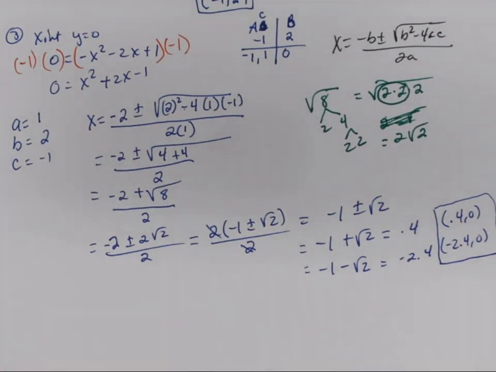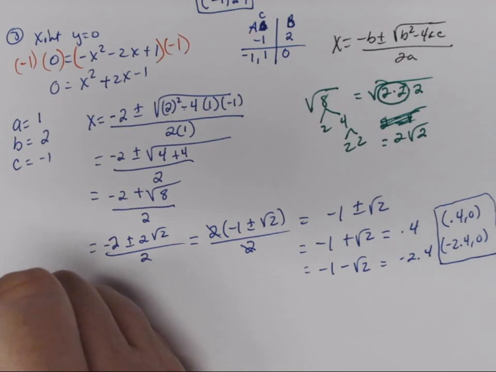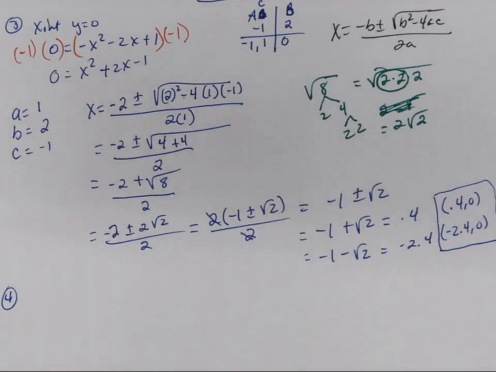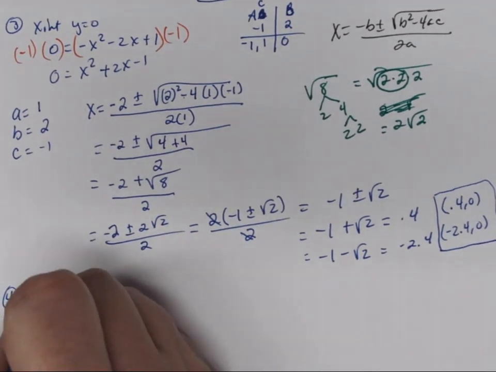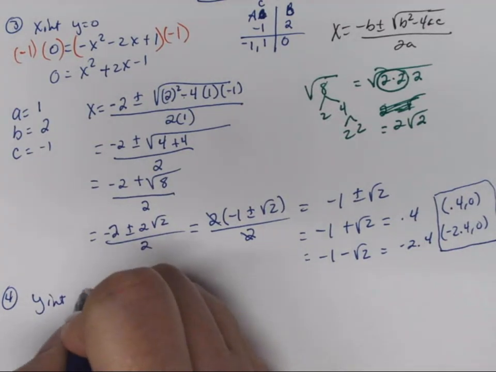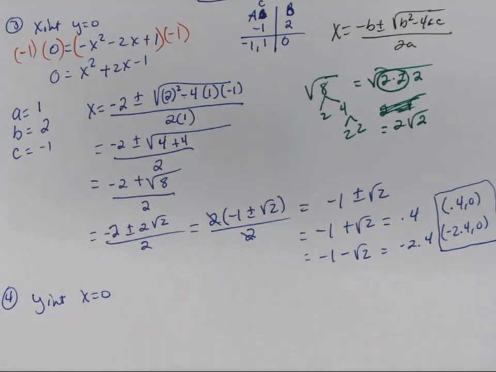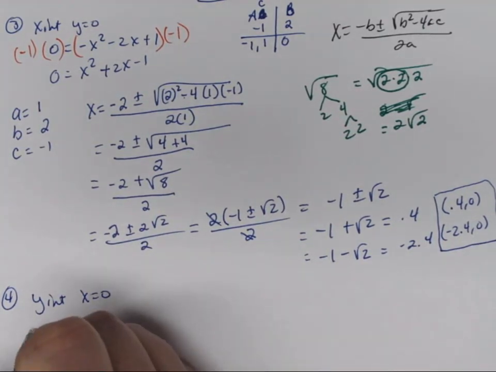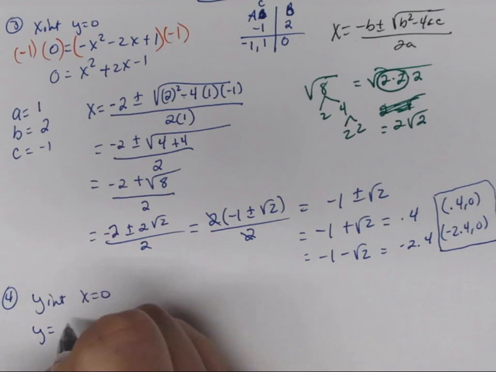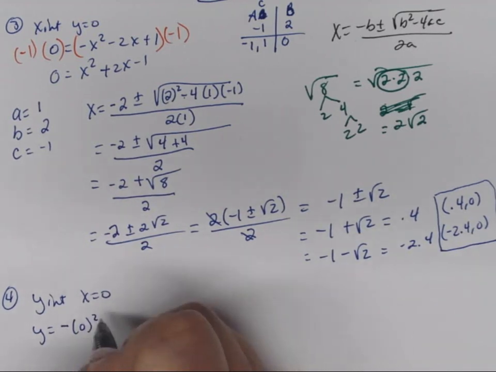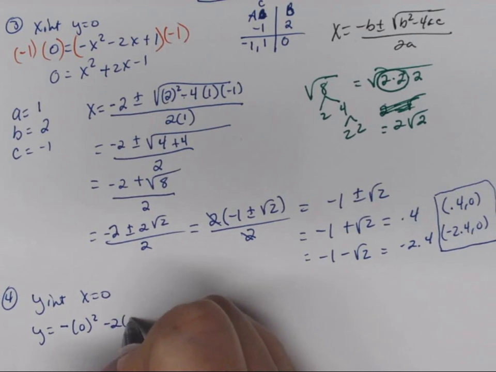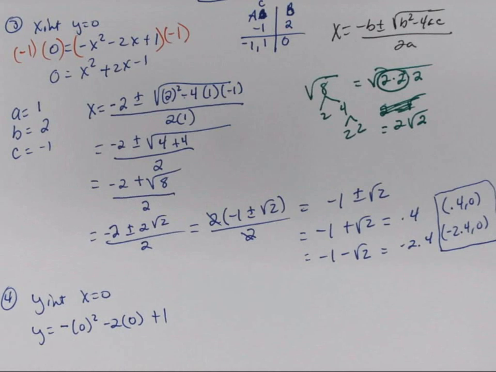All right, next step is the y-intercepts. Y-intercepts are way easier because you just plug in x for 0 in this case. So for the y-intercept, where x equals 0, we're going back to our original function, so y is equal to negative 0 squared minus 2 times 0 plus 1.